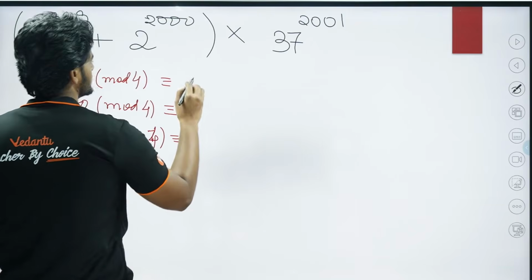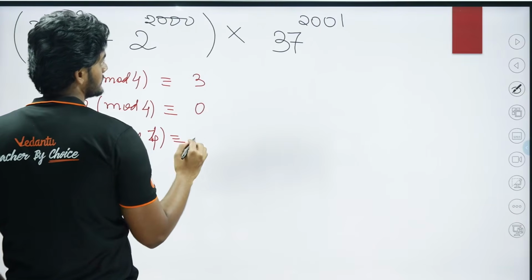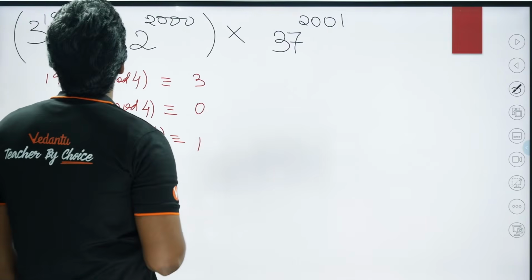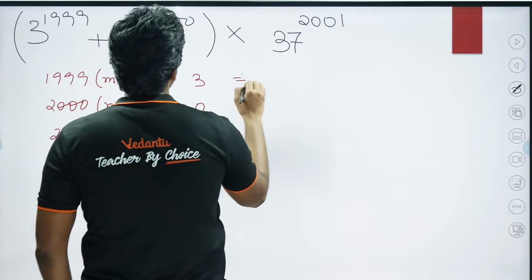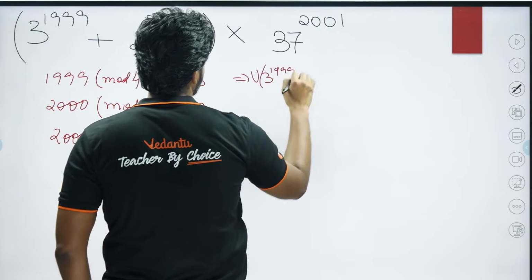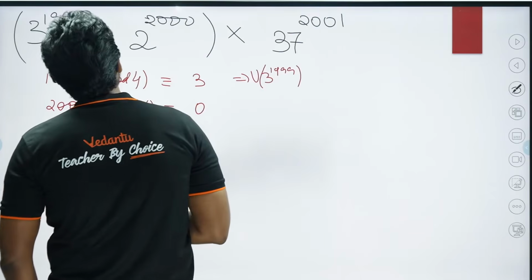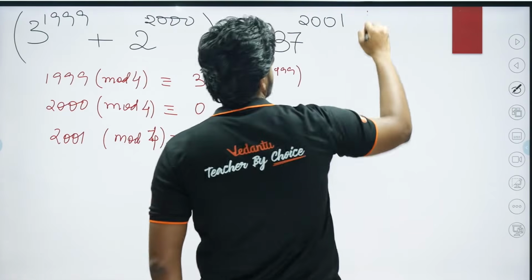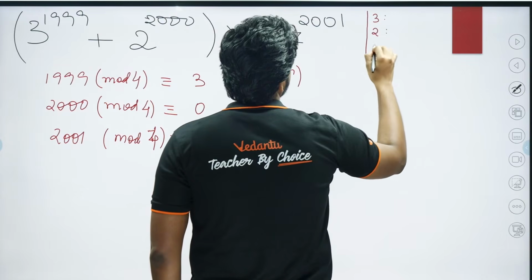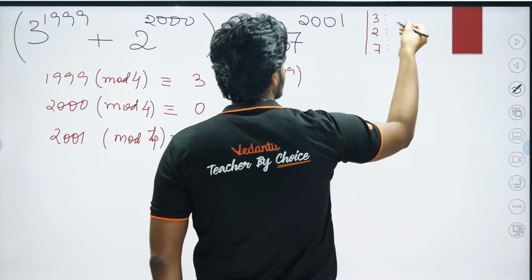Yeah, so this is 3, this is 0, this is... okay. So this implies 3 power 1999's unit digit will be... So what is it for 3? What is it for 2? What is it for 7? Let's write down again and again.